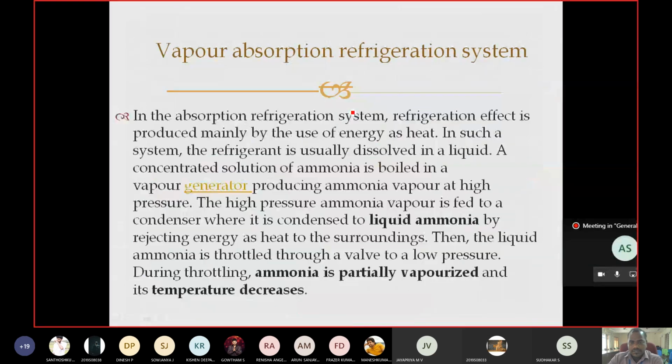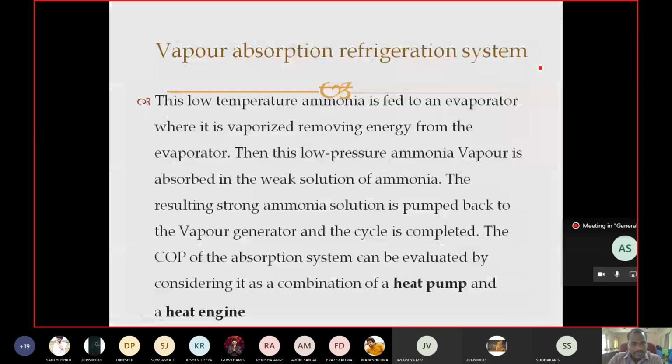Right. So a concentrated solution of ammonia is boiled in a vapor generator producing ammonia vapor at high pressure. Then the high pressure ammonia vapor is fed to a condenser, where it is condensed to liquid ammonia by rejecting energy. So we discussed this one, right? So the resulting strong ammonia solution is pumped back to the vapor generator and the cycle is completed.